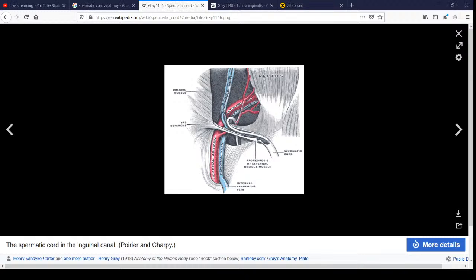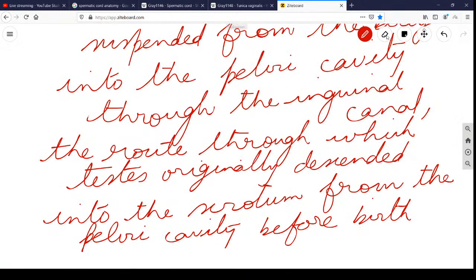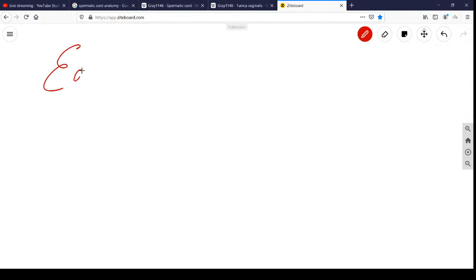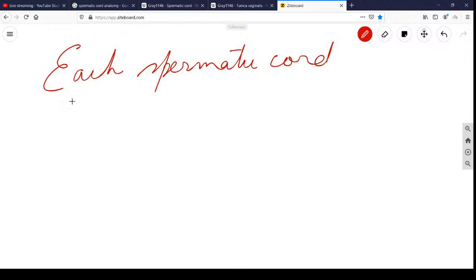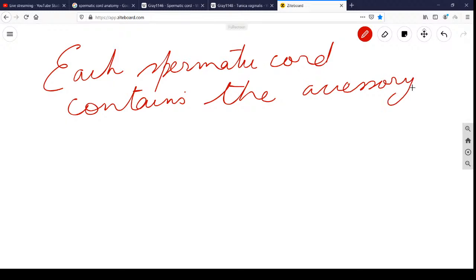Okay, so each spermatic cord contains the accessory ducts like the vas deferens.